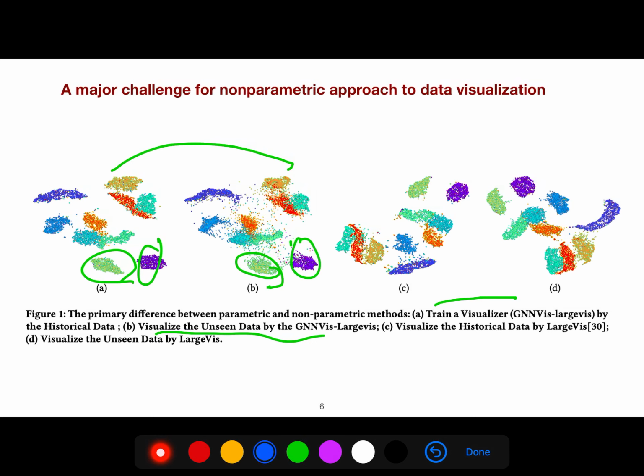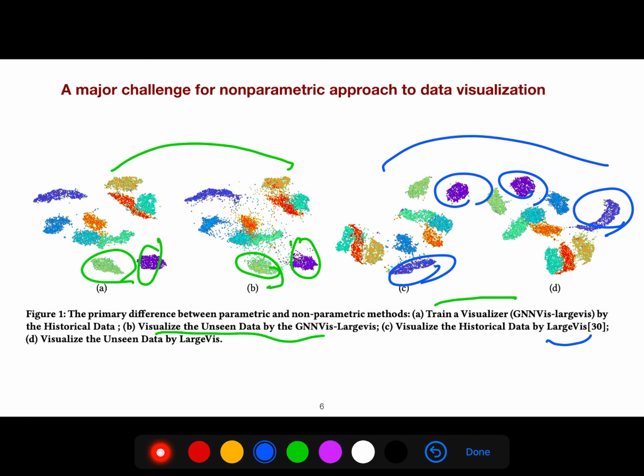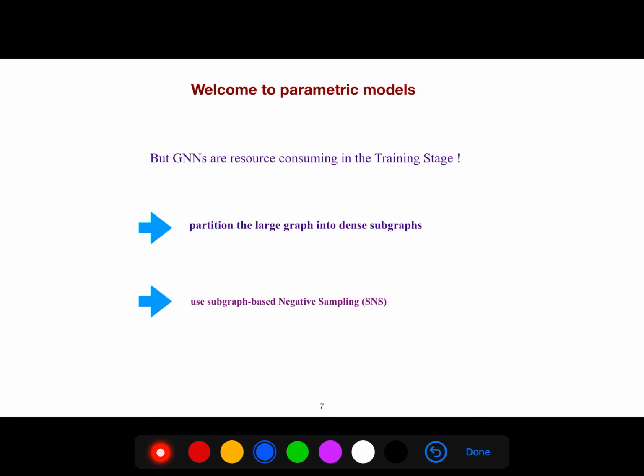But for the other algorithm, LargeVis, for example, this one is here while this one is there, so it is not stable. Here it is unstable, it crashes. So it cannot handle out-of-sample data, but here it can handle out-of-sample distribution without any problem.